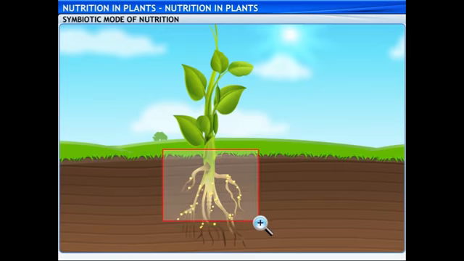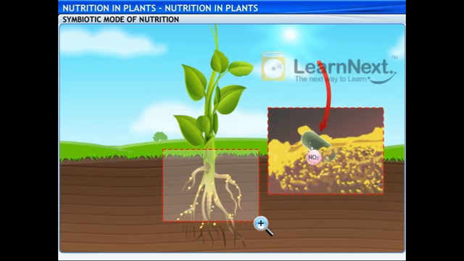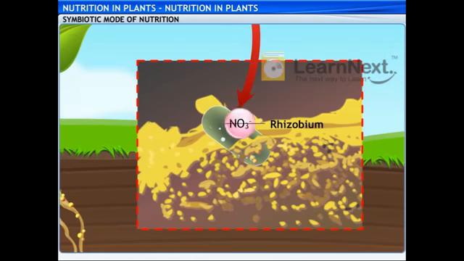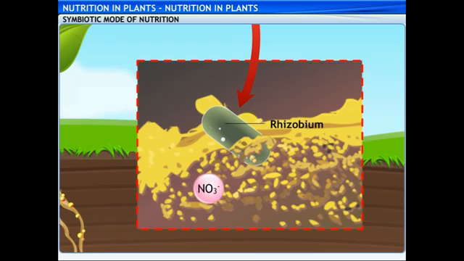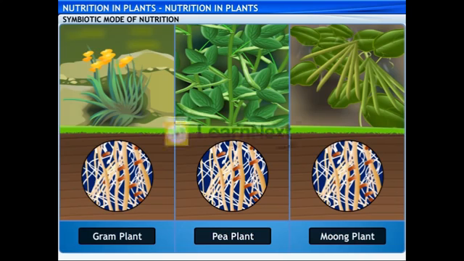Now, a bacterium called Rhizobium helps plants by taking atmospheric nitrogen and converting it into a soluble form. However, Rhizobium cannot make its own food. So, it forms a symbiotic relationship with plants like gram, peas, mung beans, and other legumes.